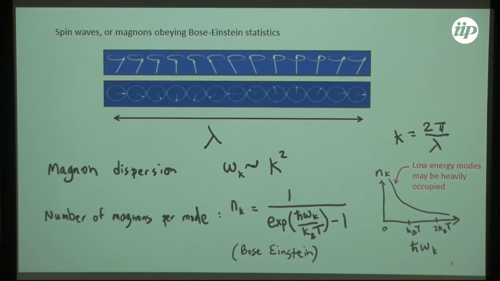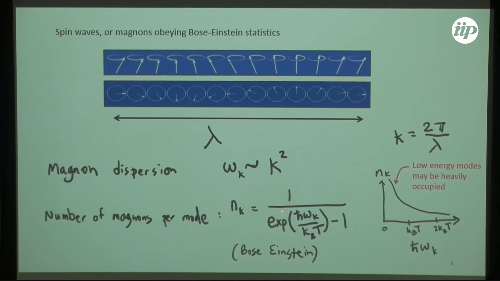Okay. And then the other thing is that, at the quantum limit, our magnons obey Bose-Einstein statistics, because you could have more than 1 magnon per mode. And the number of magnons obeys the Bose-Einstein statistics here.